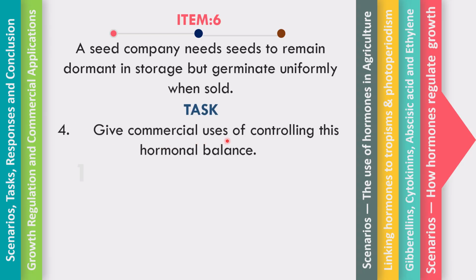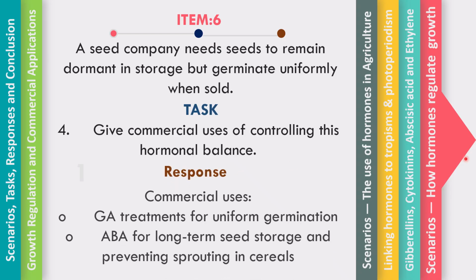Give commercial uses of controlling this hormonal balance. Commercial uses: gibberellic acid treatments for uniform germination, abscisic acid for longer-term seed storage and preventing sprouting in silos.